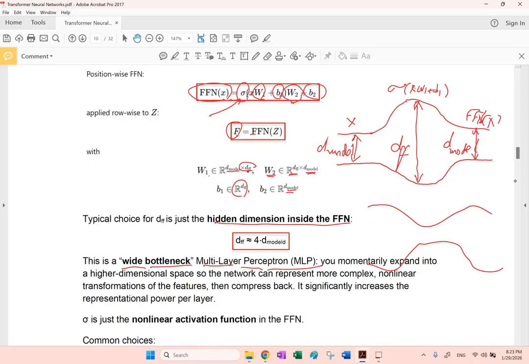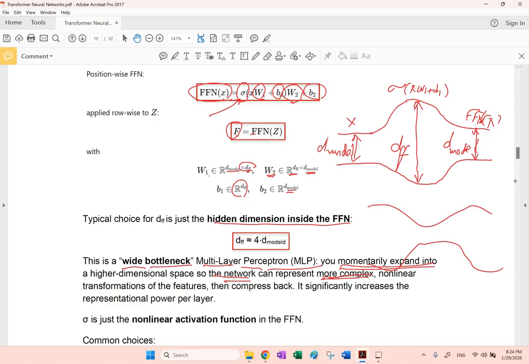Why would you do that? Why would you expand and then shrink back? Well, the reason is this. When you momentarily expand into a higher dimension, like 4 times bigger, you are allowing your network to capture and represent even more complex contexts and notions that your D model could not easily capture.